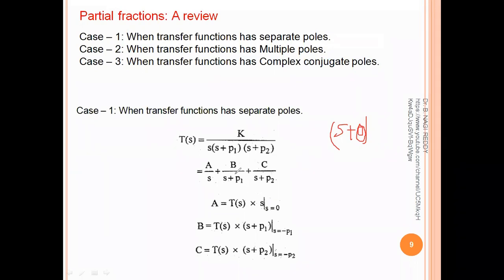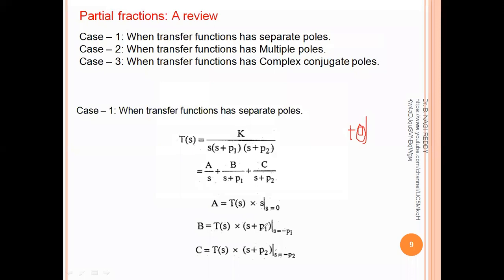Okay. And similarly, in order to calculate b, we need to multiply this transfer function with the b pole part, which is s plus p1. So we need to multiply the s plus p1 part to this entire transfer function, and we must substitute this pole value.